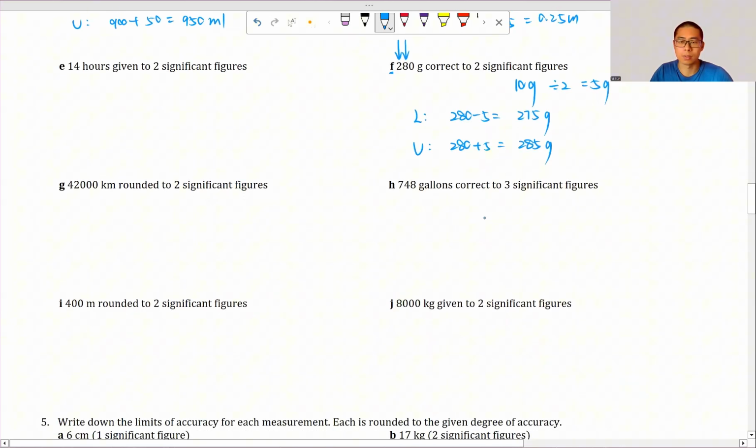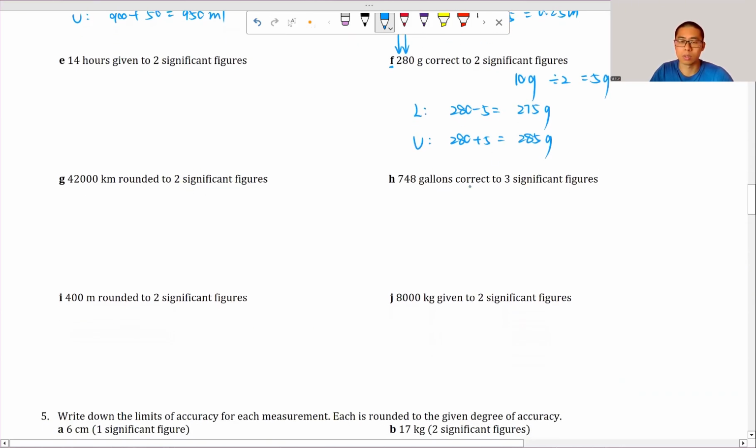And then let's have a look at another one. This one is 3 significant figures. So 1 significant figure, 2 significant figures, 3 significant figures. So 8 is the unit, which means it's to the nearest 1 gallon. If it's to the nearest 1 gallon, that divided by 2 will be 0.5.